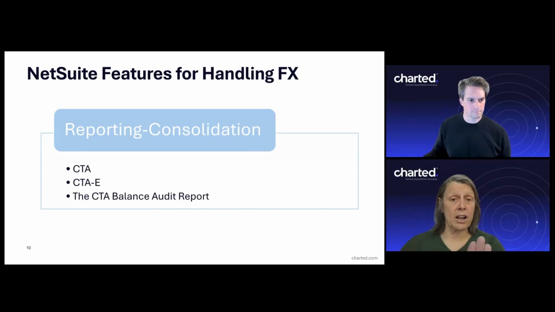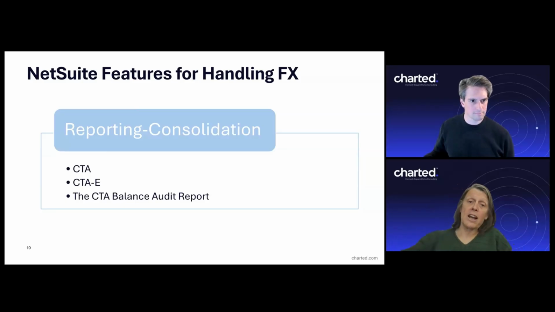And then I have a third column where I take the local currency balance sheet, translate the entirety at the rate at the end of the month, and compare it to the US dollar balance sheet that NetSuite created. And I just do the mathematical difference.